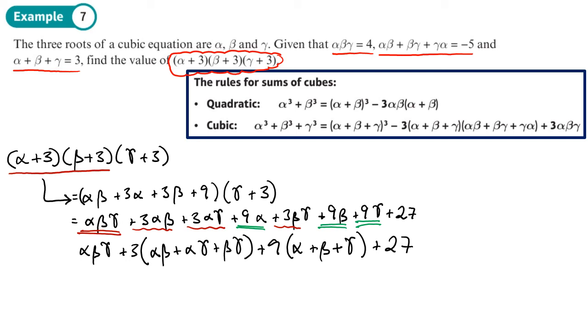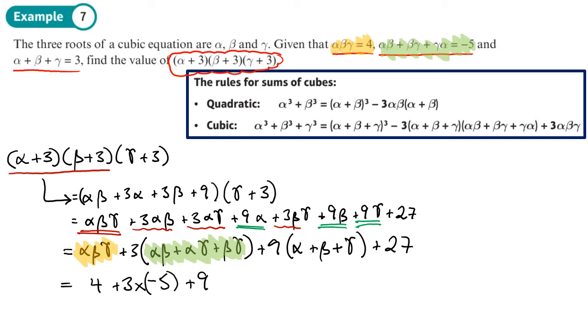Right, so now the numbers can be substituted in. Alpha times beta times gamma, let's just highlight this, so this is 4. So 4 can go there, 4 plus 3 times. This bit here, we've been told in the question, is -5. So we have 3 times -5.